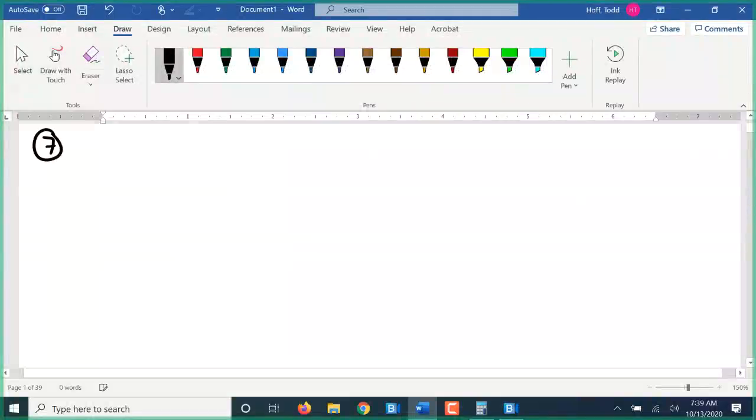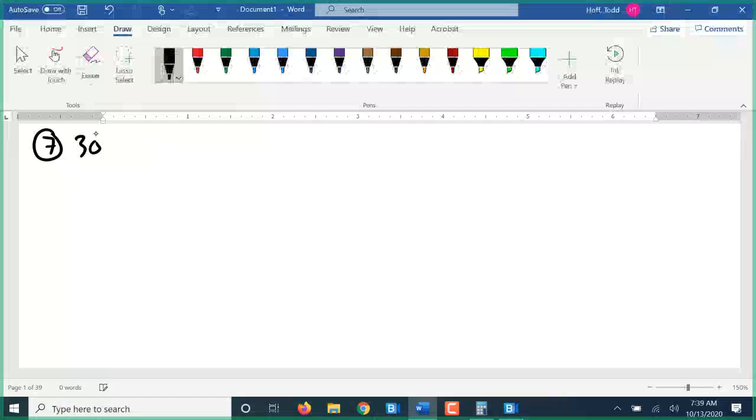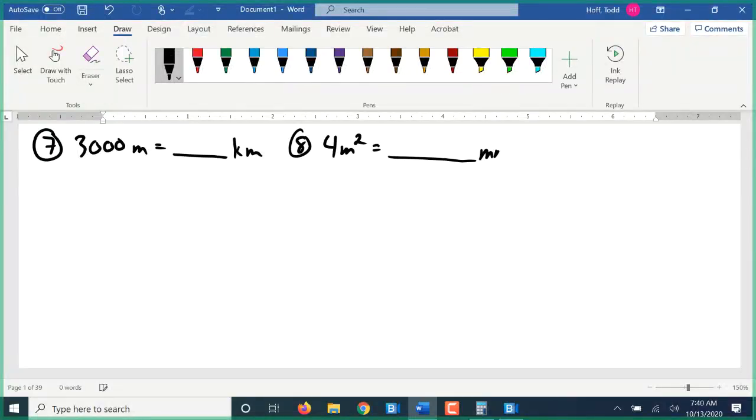Well, we're going to try some more for you. Convert 3,000 meters into kilometers. Convert 4 meters squared into millimeters squared.